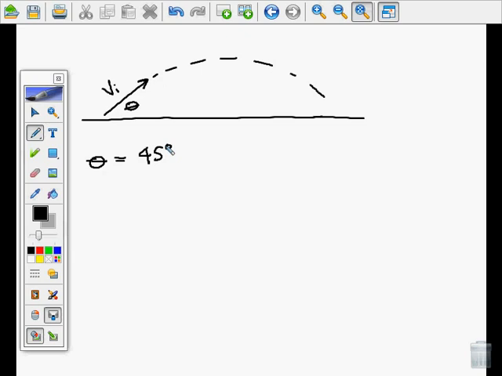That means horizontally. The range is the greatest.